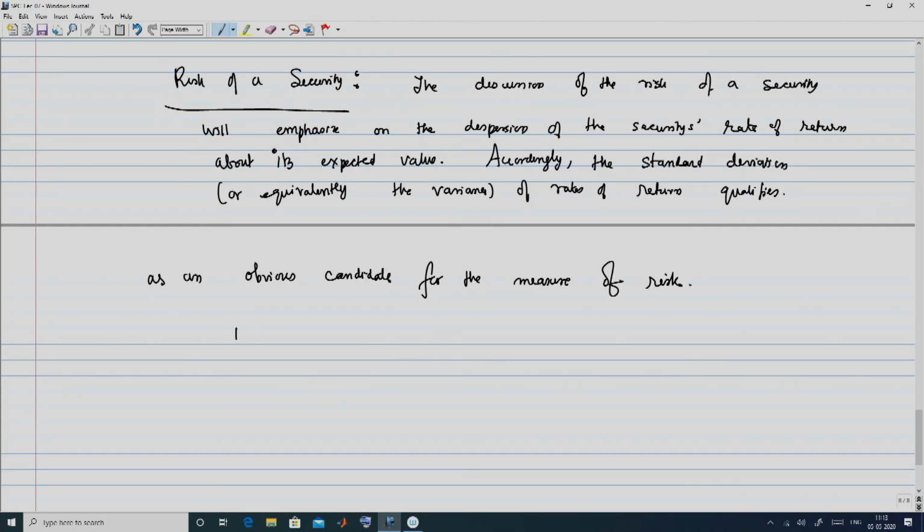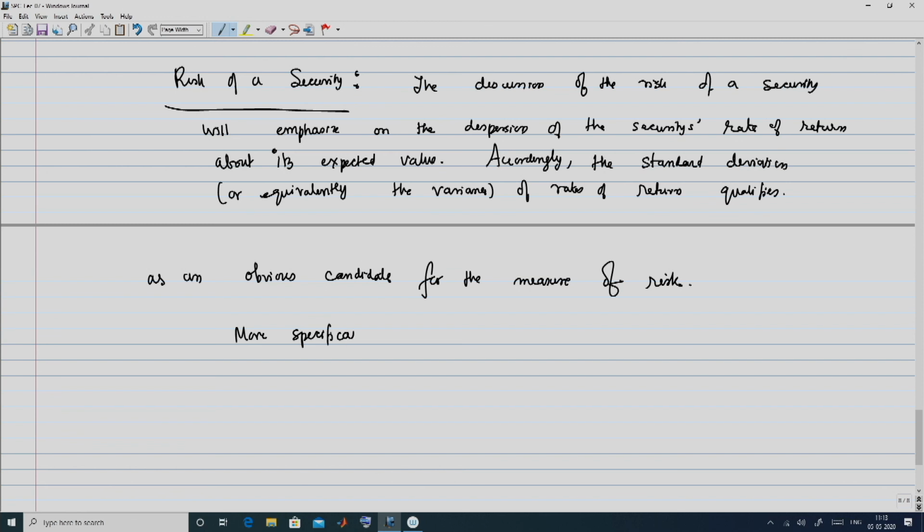So, we will mostly be using the variance or equivalently the standard deviation as the measure of risk. Please take into account that we will use both the standard deviation and the variance depending on the context, and it will become obvious from the specific discussion which of the two is being used as the measure of risk at that point of time.